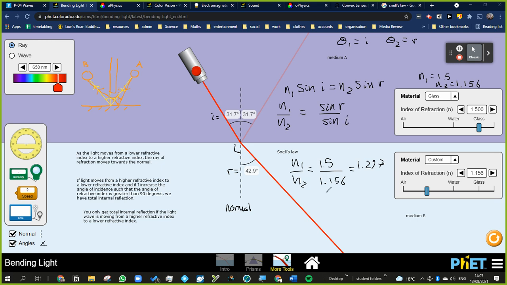Next thing we're going to do is divide sine r over sine I, which is sine of 42.9 over sine of 31.7.